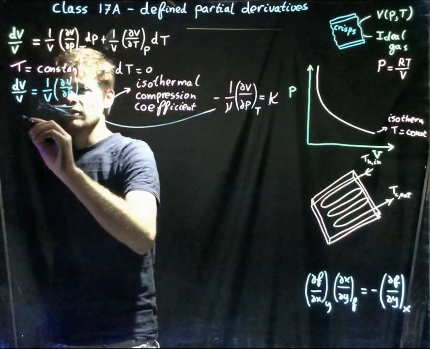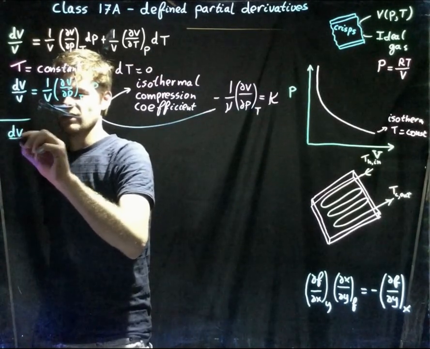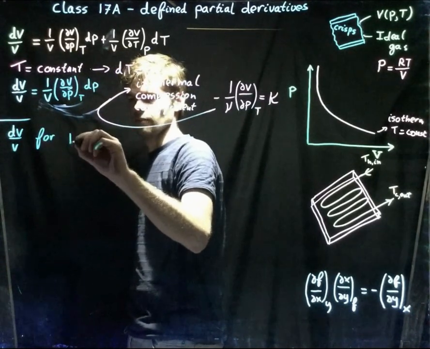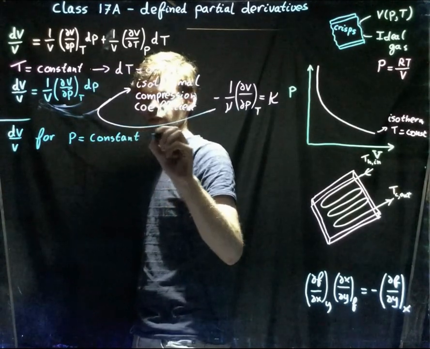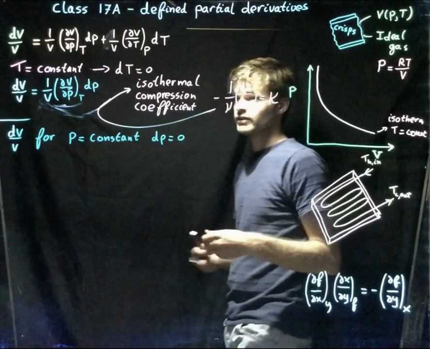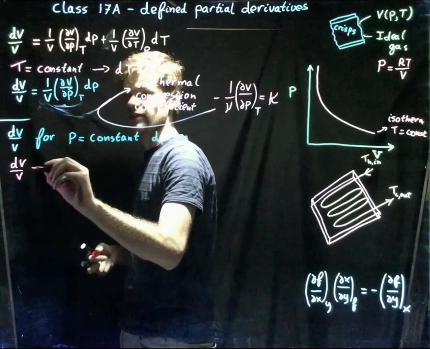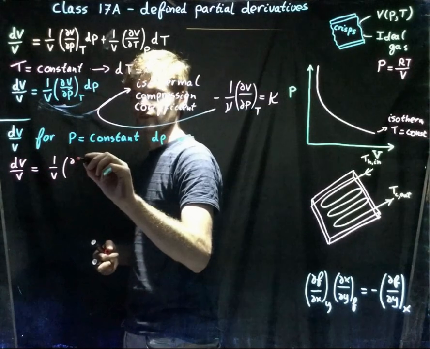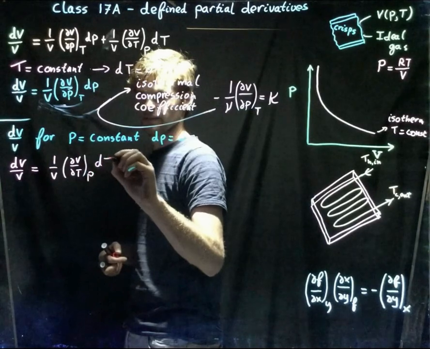So I'm going to take into account the change of volume, dV over V, for a constant pressure. So dP is 0. And that will look like this: dV over V is equal to 1 over V, the partial derivative of volume with respect to temperature for a fixed pressure, dT.